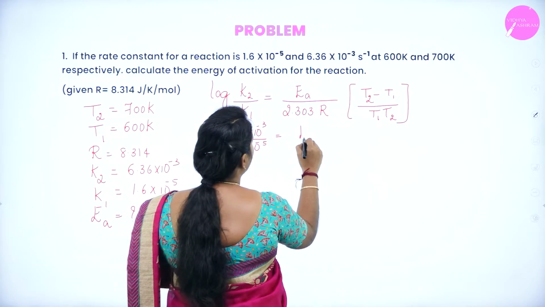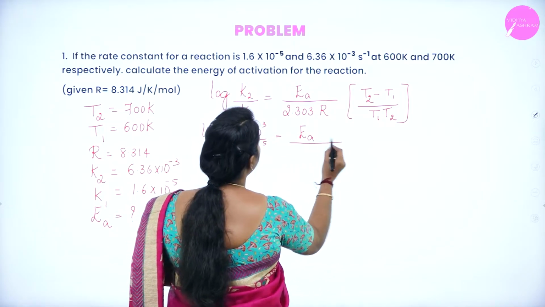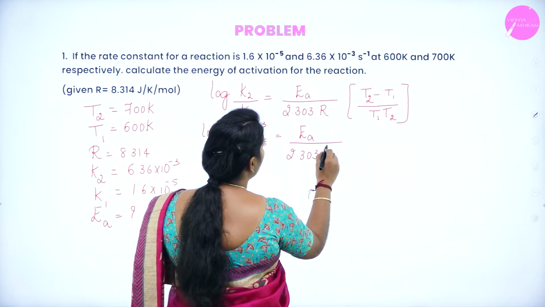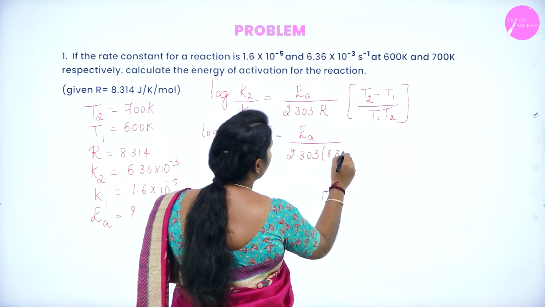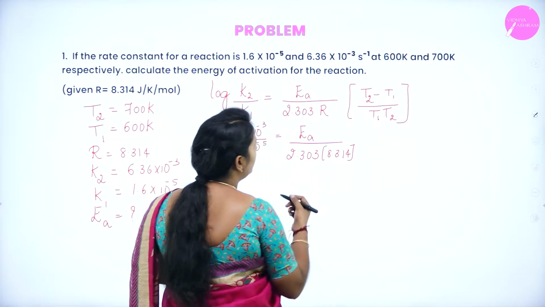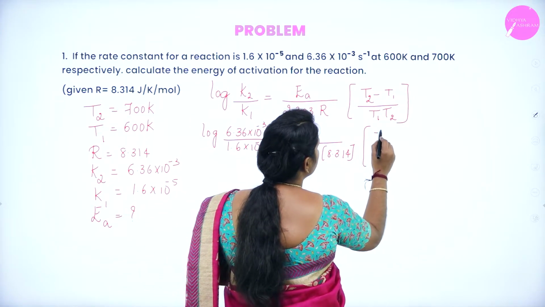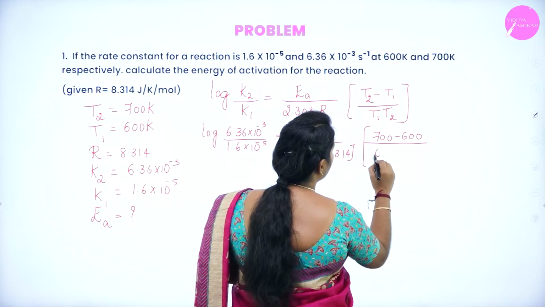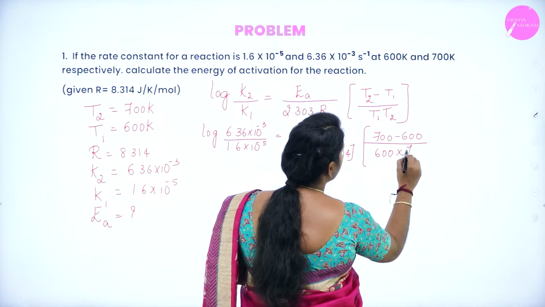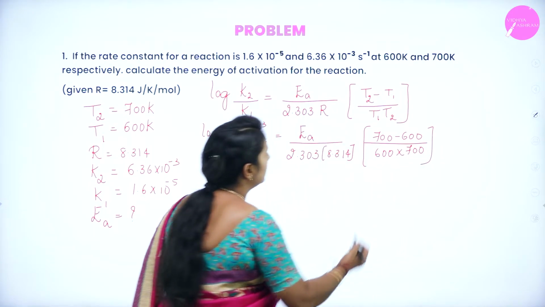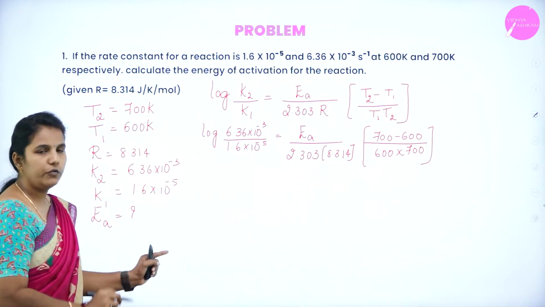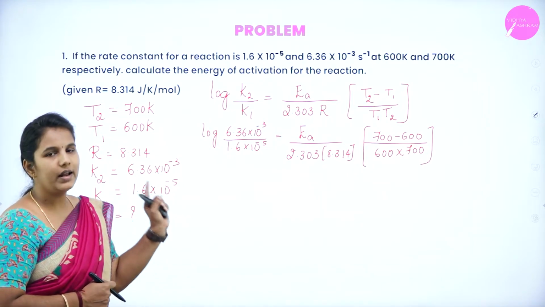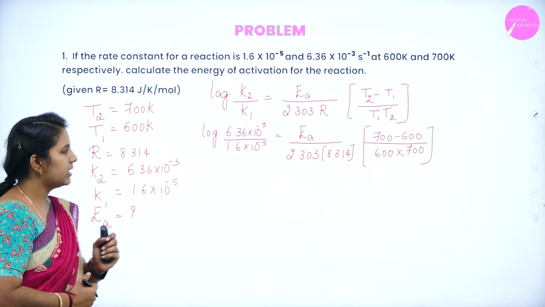So Ea divided by 2.303 into R, which is 8.314, into T2 minus T1, that is 700 minus 600, divided by 600 into 700. Is it right? This is how we need to substitute the K, R and T values into the Arrhenius equation.